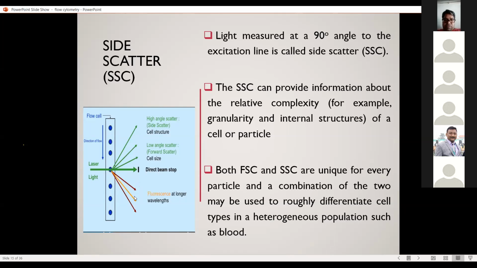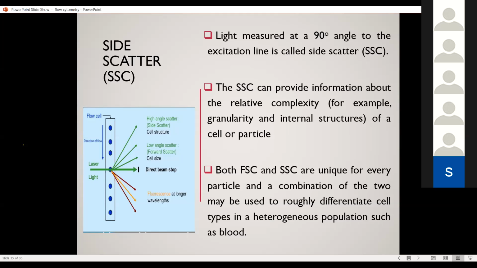On the basis of this, we can differentiate whether the cells are small in size or large in size. But if the cell diffracts at 90 degrees, then it is called side scattering. Side scattering provides information about the complexity of the internal structure of cells.